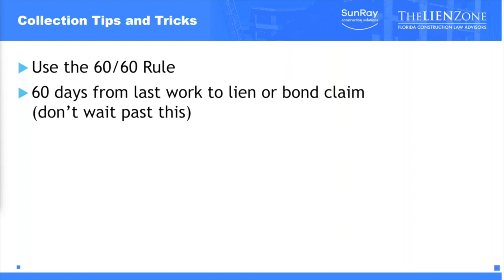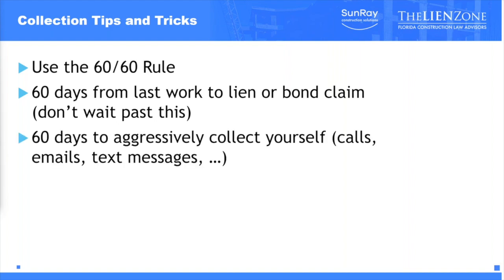So our advice is that if you haven't been paid and it's been about 60 days from your last work, that's when you need to start putting together the process to record a lien or serve your bond claim. So that's the first 60. The next 60 is that once you timely record your lien or serve your bond claim, then internally you should aggressively start collection efforts. Phone calls, emails, text messages, visiting people in their office, whatever it takes.